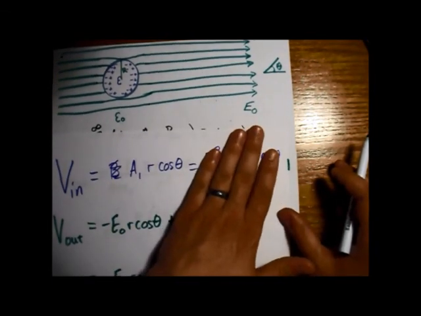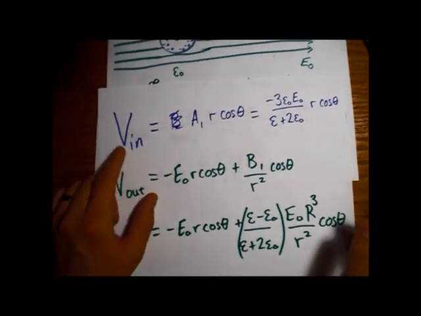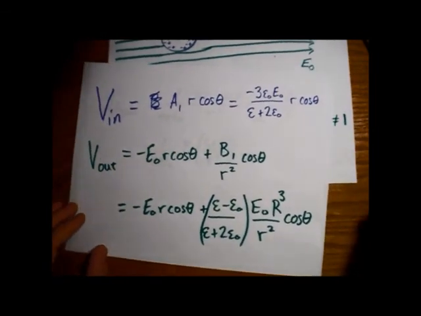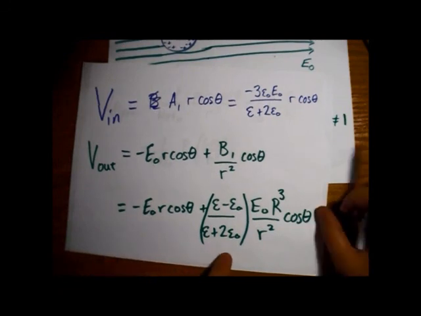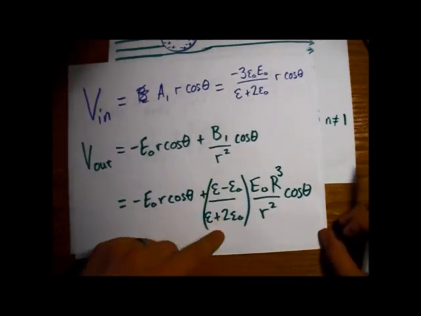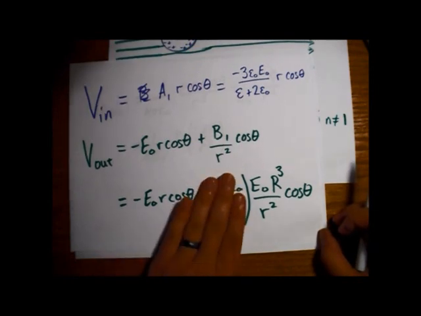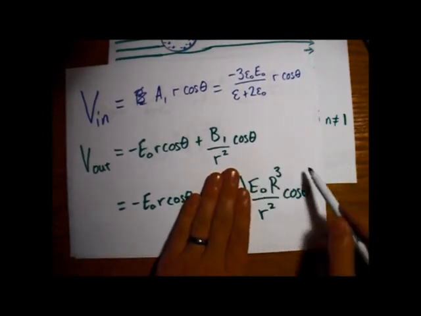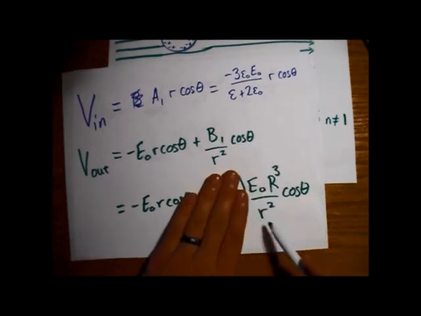So this whole thing goes to 0. We have the whole inside equal to 0, just like we found for the conducting case. And in the limit as epsilon goes to infinity, this will turn to 1. Okay, so this right here should be what we found for the conducting case as well.